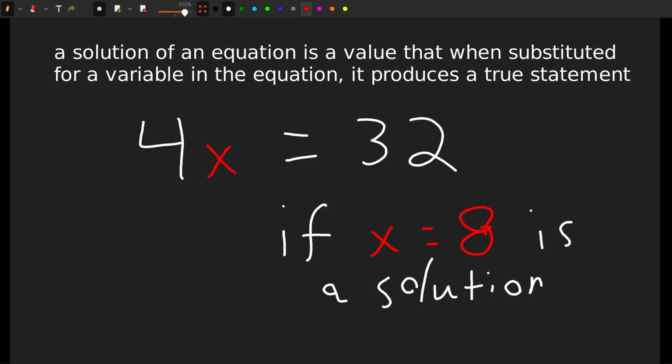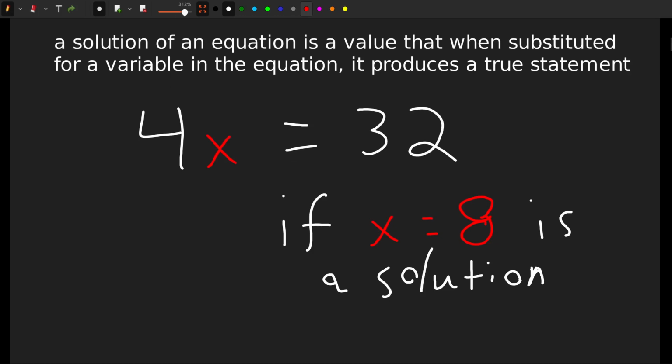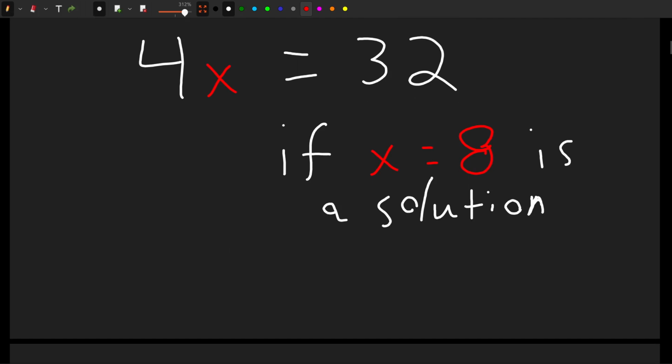In order to find out if it is a solution, you're going to take 8 and plug it in for x. So we would have 4 times 8 is equal to 32.